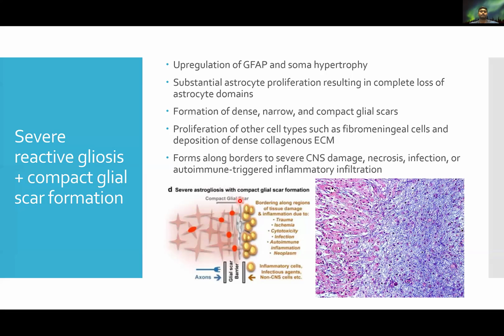Then you have these fibromeningeal cells, and then the extra dense collagen within the ECM, which is a border to prevent spread of the traumatic tissue, possible ischemia, cytotoxic materials, infectious agents, autoimmune antibodies, inflammatory cytokines, or even neoplastic materials, so it doesn't spread.